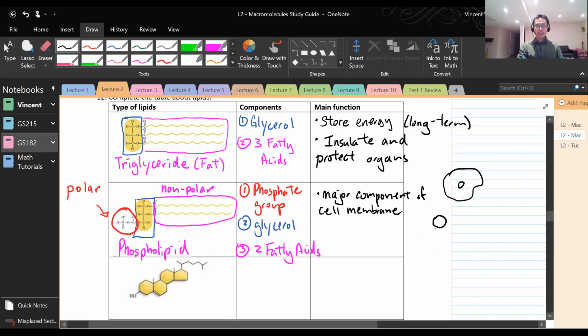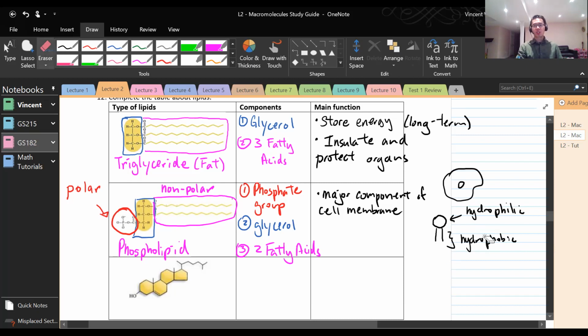Okay. And again, this molecule is special, and usually we draw it like this. We have the head, and then we have the tail. The head is polar, so it is going to be hydrophilic. And then the tails, they are hydrophobic. So the head will interact well with water, but the hydrophobic part will not.